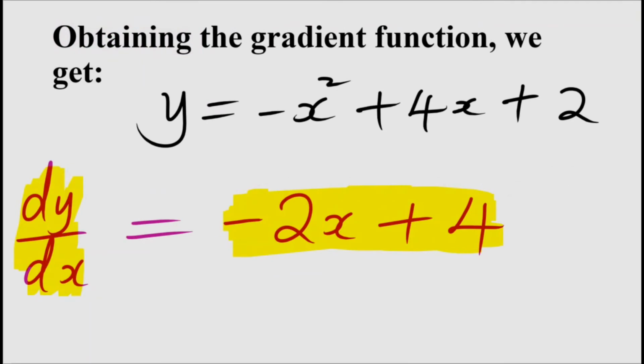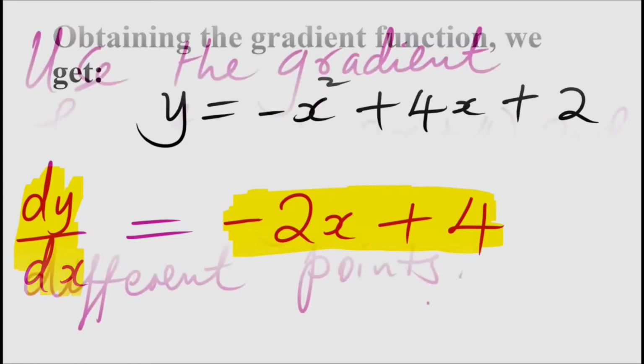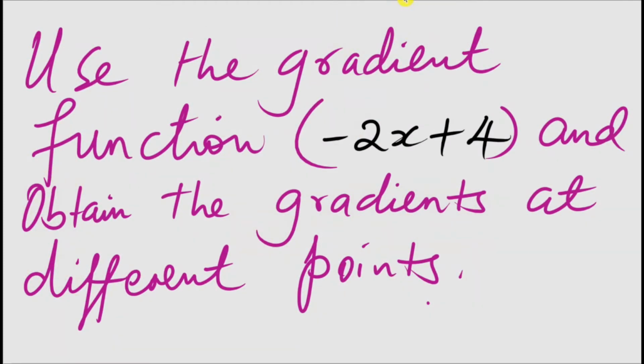When you differentiate this equation with respect to x, you get dy over dx equals negative 2x plus 4.